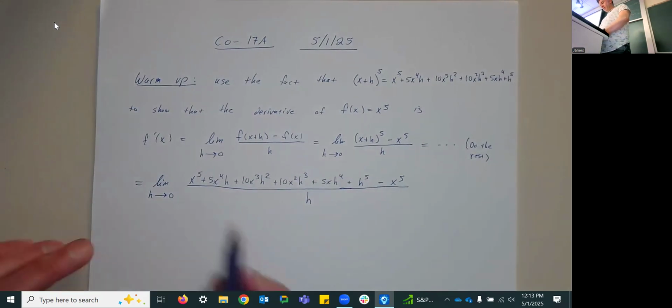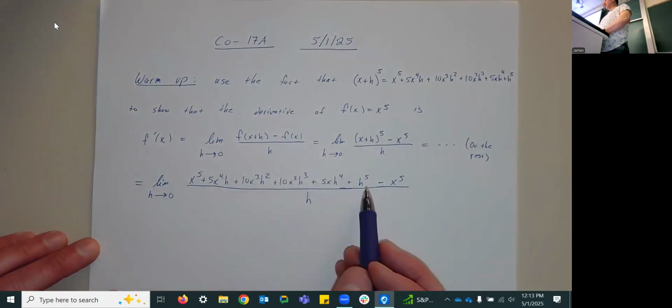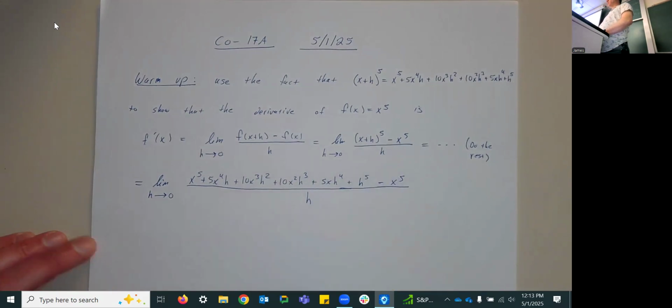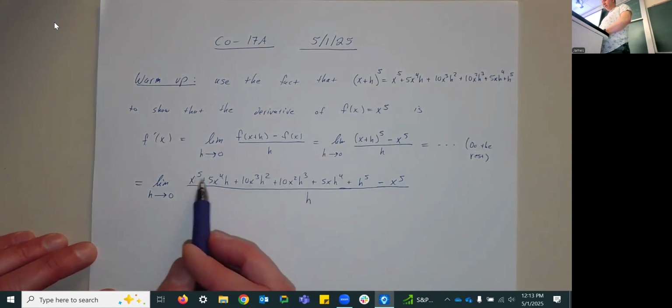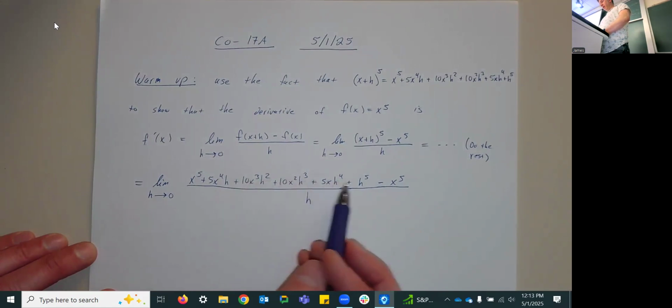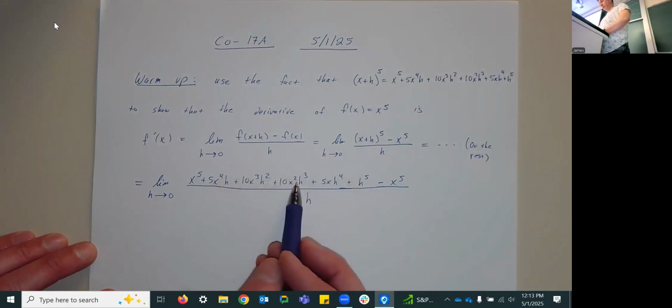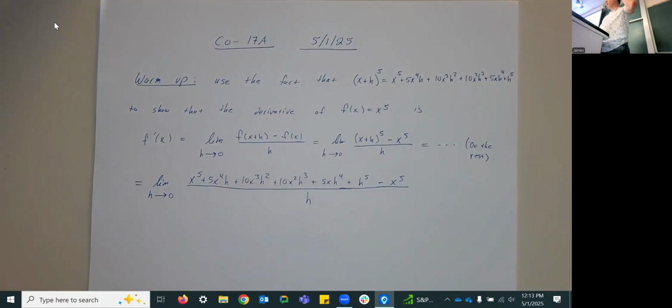I'll point out that this expansion of x plus h to the fifth follows the usual pattern of the coefficients coming from Pascal's triangle, which I know I didn't write down, and the powers of x decreasing by 1 every time, and the powers of h increasing by 1 every time. That's always what I'm thinking about when I'm writing this out.